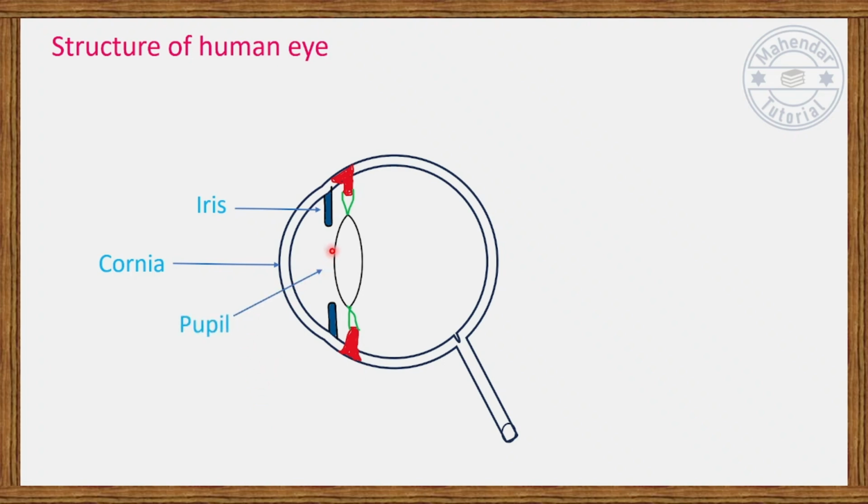Pupil is black in color. Generally iris controls the amount of light which is entering into our eye. When the eye is focused in bright light conditions, the iris contracts and less light only enters into our eyes.